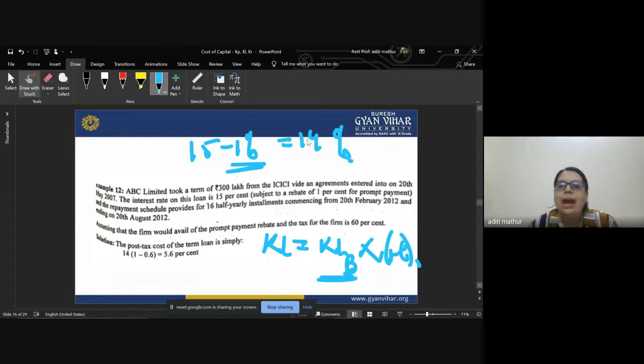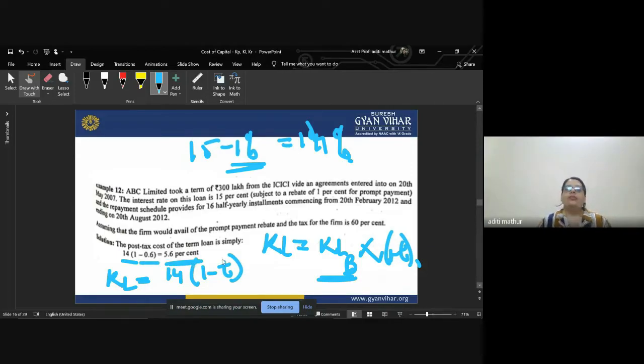So that is why our effective rate is 14%. So our KL will be 14 into 1 minus t, that is 14 into 1 minus 0.6, which is equal to 5.6%, right? So it is very easy to calculate KL. In the simplest way, the rates are given directly, we just have to apply the tax effect and that's it, right?